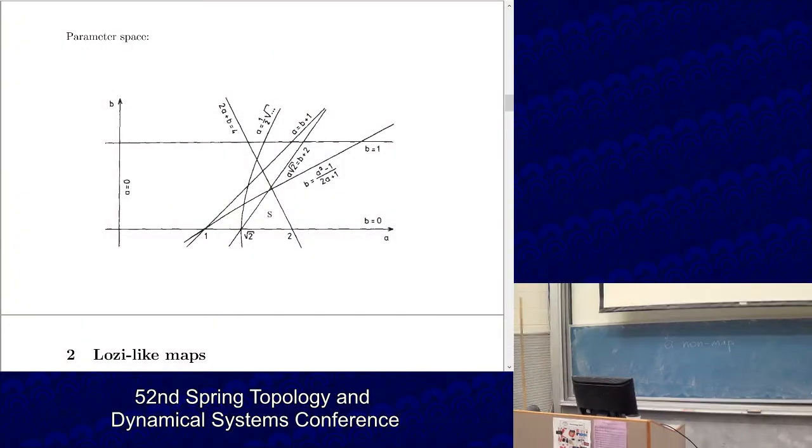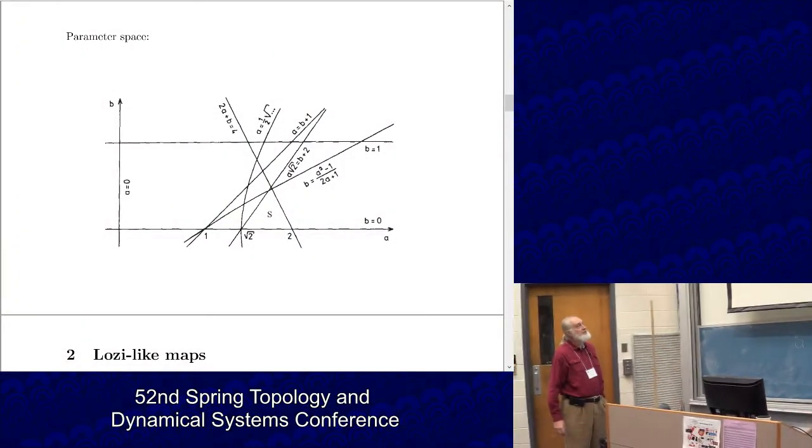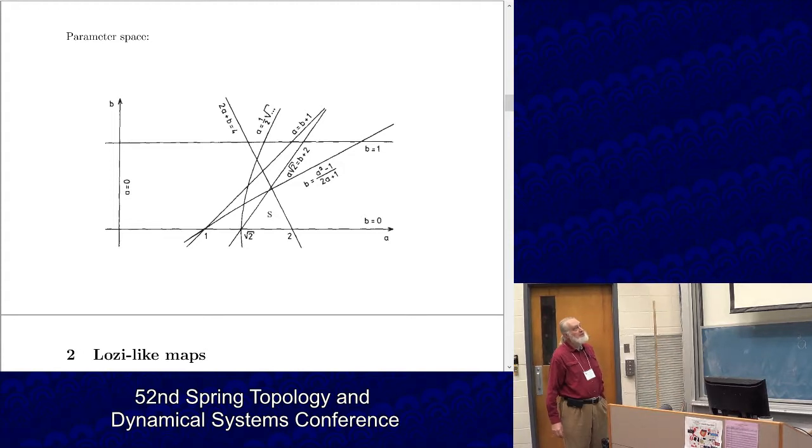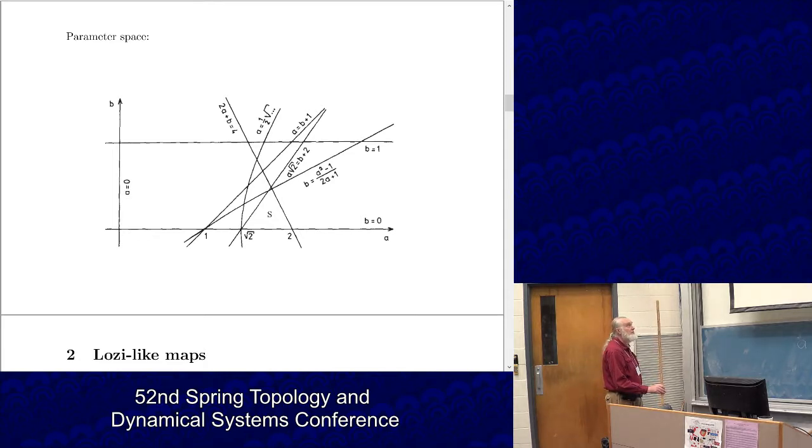So, okay. So this is the picture, and this is the picture in the parameter plane. A horizontal and B vertical. And there are various lines which sometimes mean that something bad or good happens in terms of existence of attractor when you cross that line.